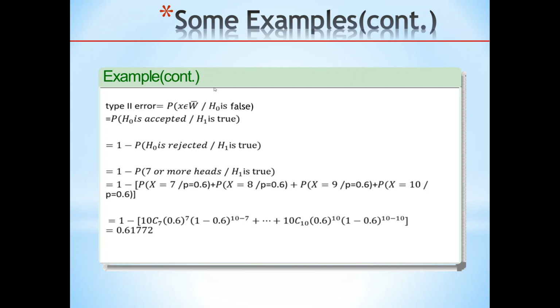And the probability of 7 or more heads means the probability of 7 heads, or 8 heads, or 9 heads, or 10 heads.